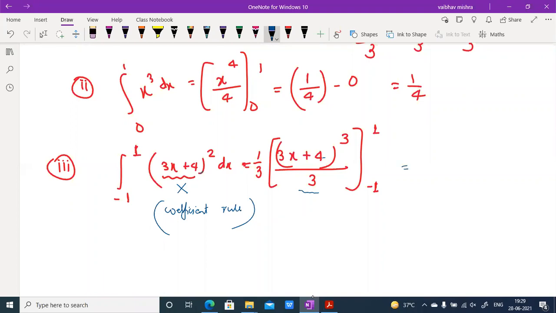And now this 3 is a constant, you can take it outside: 1 upon 9, 3x plus 4 cube, limit from minus 1 to plus 1. And that's 1 by 9. When you apply the upper limit, it becomes 3 plus 4, so that is 7 cube. When you apply the lower limit, it becomes minus 3 plus 4, so that becomes 1. 7 cube minus 1 cube by 9.